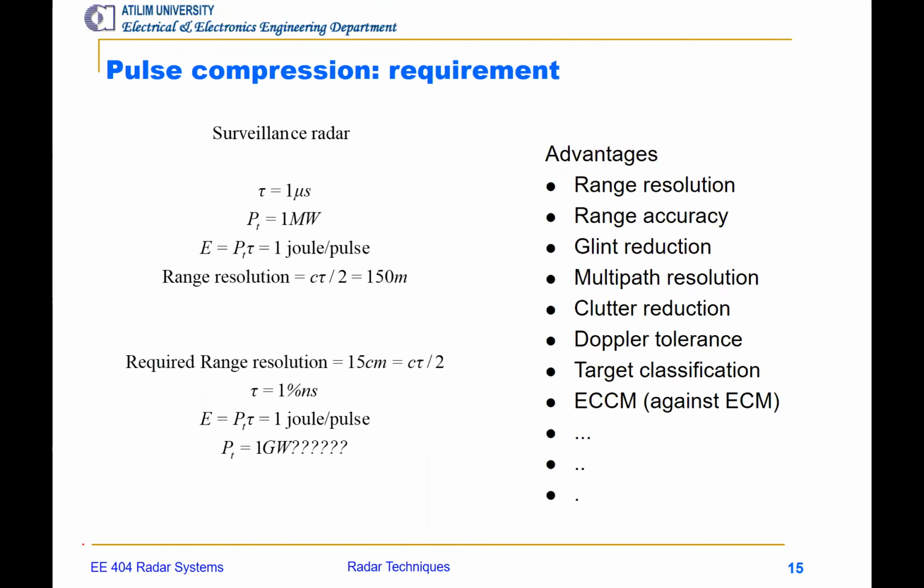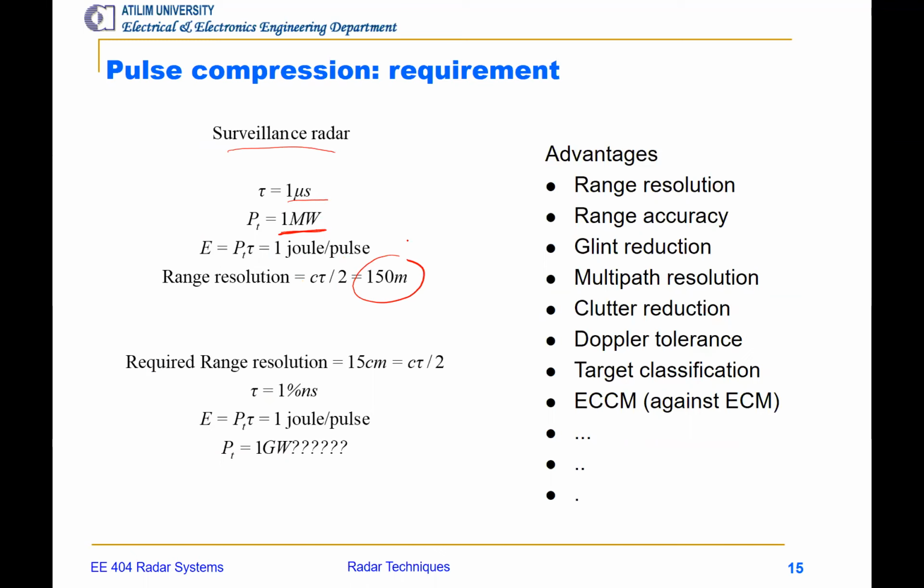Okay, let's see an example for a surveillance radar. The pulse width is 1 microsecond. The peak power is 1 megawatt. Then the energy per pulse will be 1 joule, and we get a resolution of 150 meters.